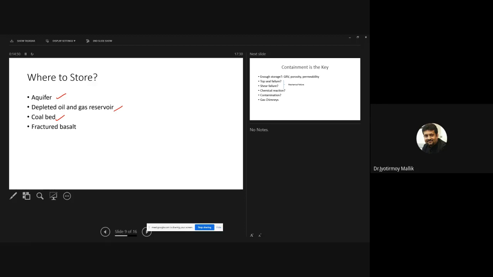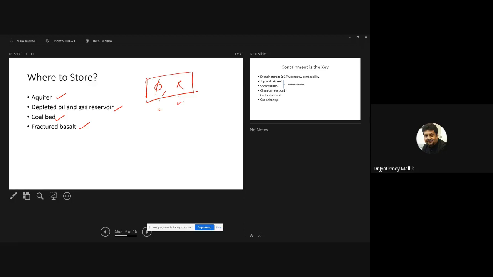You can also store it in fractured basalt, because like a normal reservoir which needs porosity and permeability, the reservoir where you want to store carbon dioxide would also require porosity and permeability, right? Because in one case you are trying to extract the liquid or the gas from the reservoir, so it has to flow.